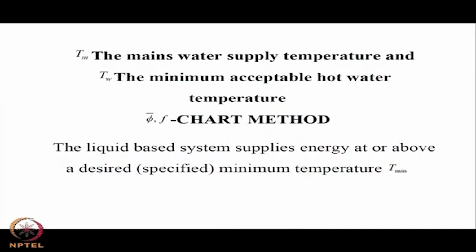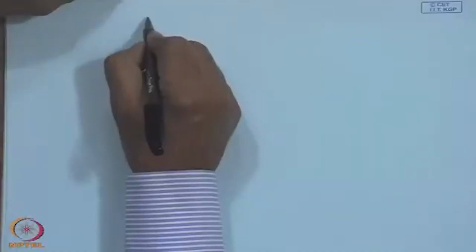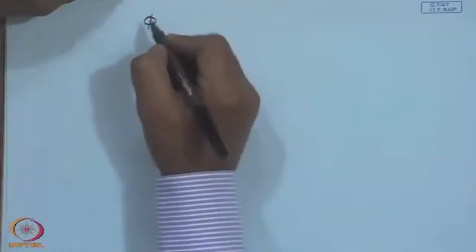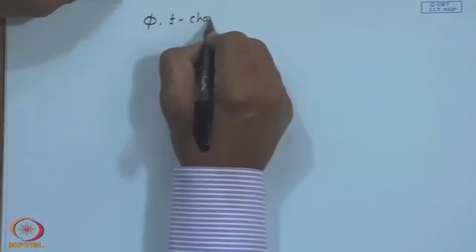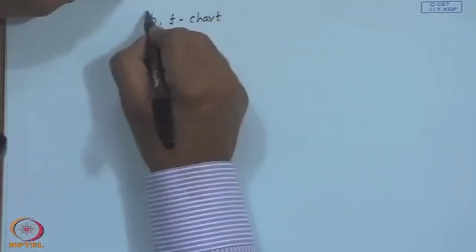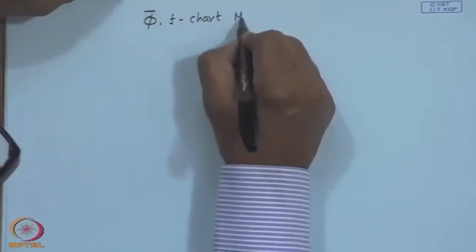So, this is a slightly modified approach to that of the F chart, and then came the design methods, which is quite popular, a little more general than the F chart method, which is called the phi bar F chart method.